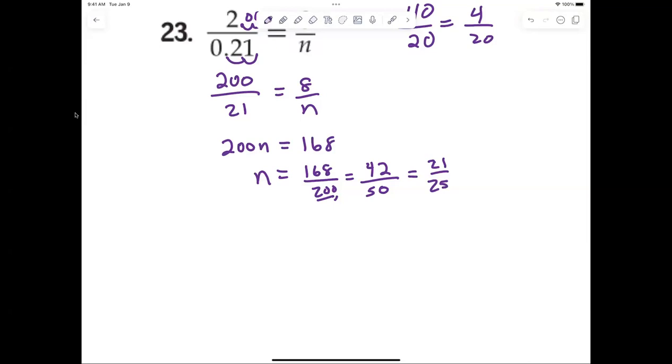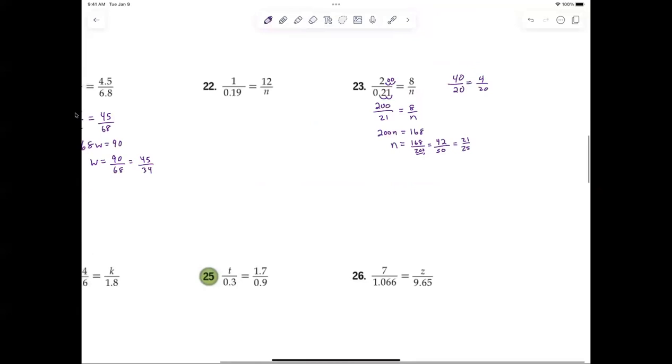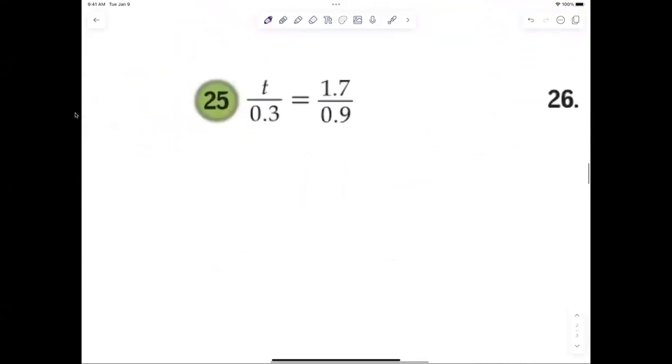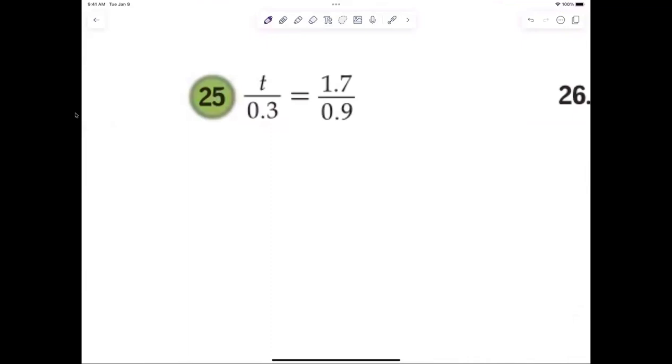All right, I'm pretty happy with that. Go ahead. You got it? All right, here we go. All right, 25. Now, does everybody see? I don't like the decimals. So the right side is going to be what?